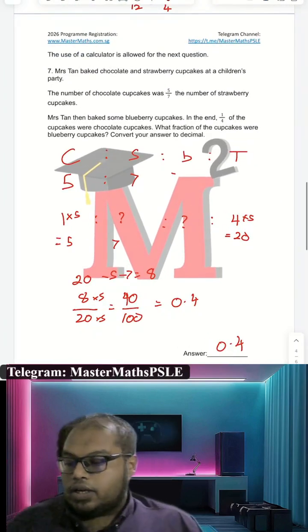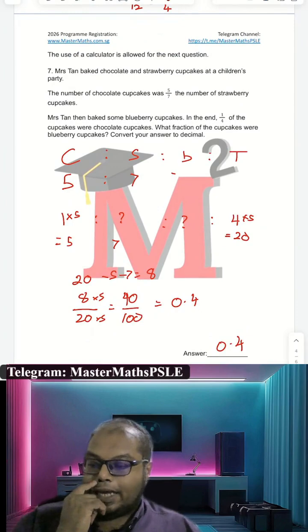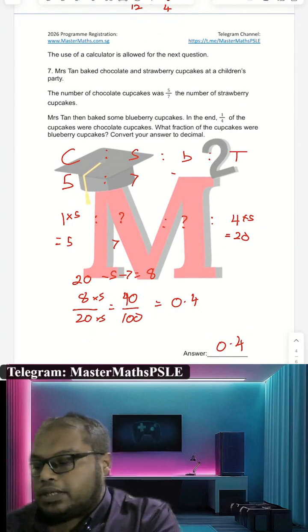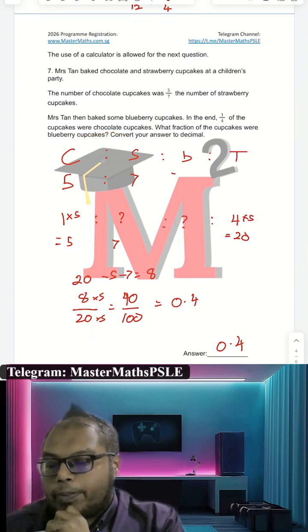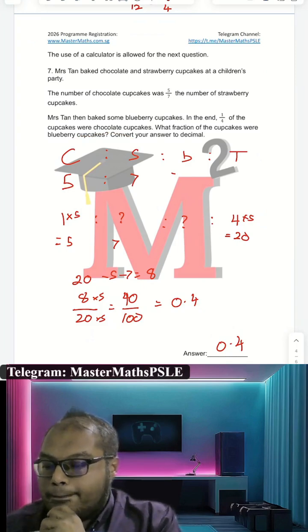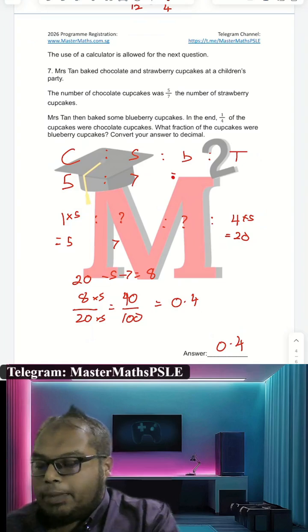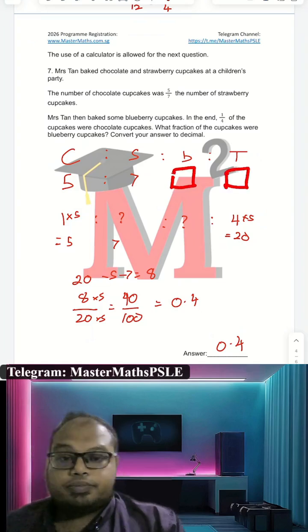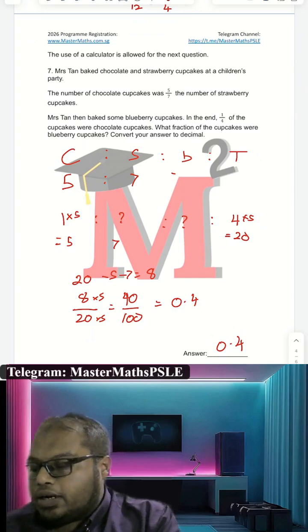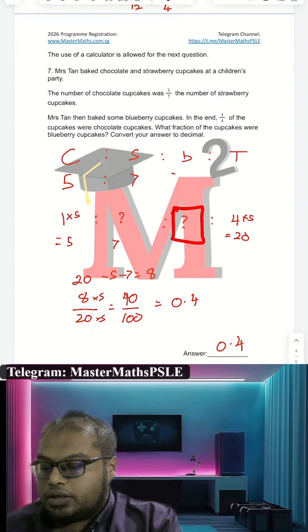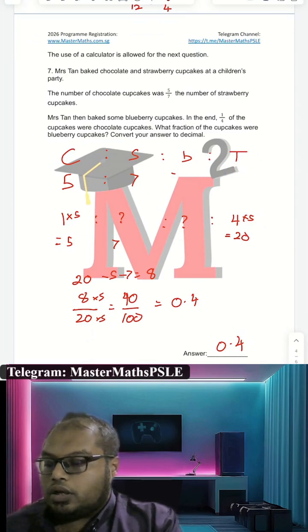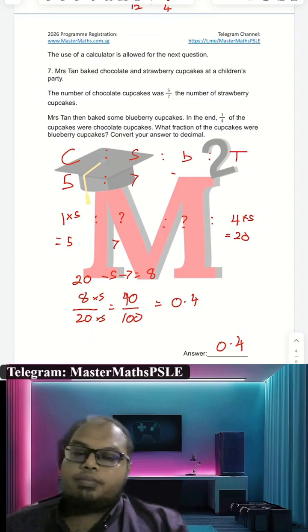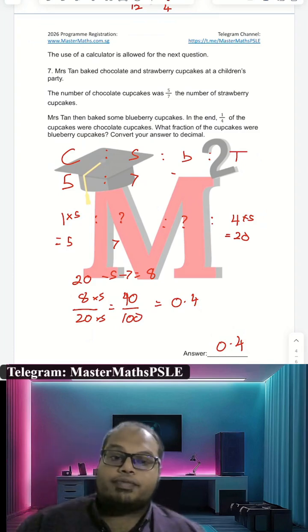Now question 7. This one is a bit complicated, but only a bit. Firstly we have 5:7, the chocolate to strawberry. We don't know how many blueberries there are, and we don't know the total. After we added some blueberry, initially there isn't a blueberry, so I write the total first.